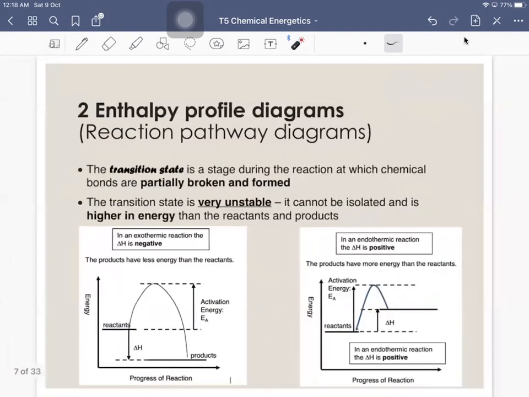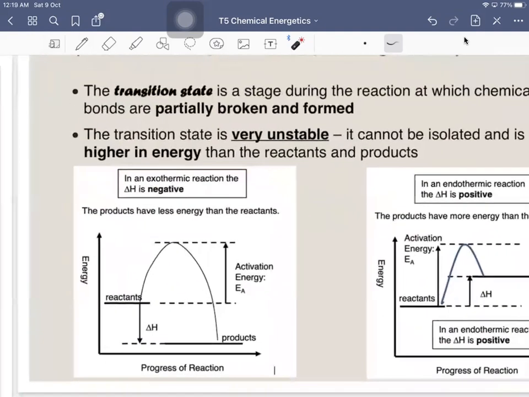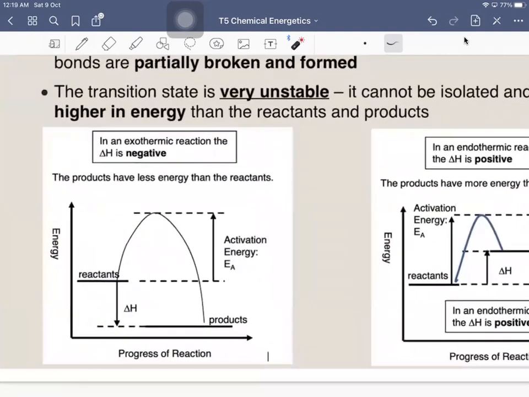The transition state is something that you have come across when you've learned mechanisms in organic chemistry. So it is the temporary state before you get to your final product. Okay, and this is shown in the enthalpy profile diagrams.